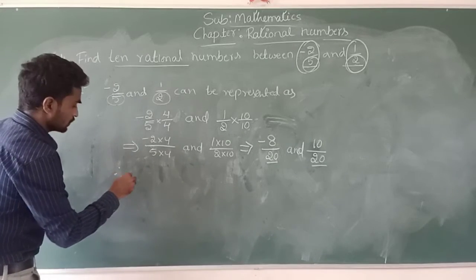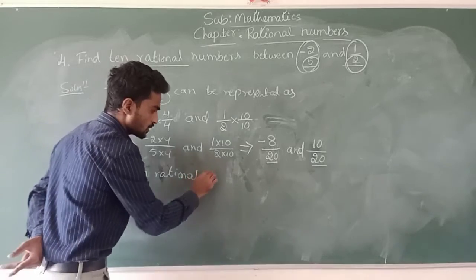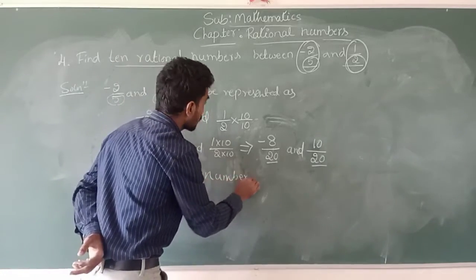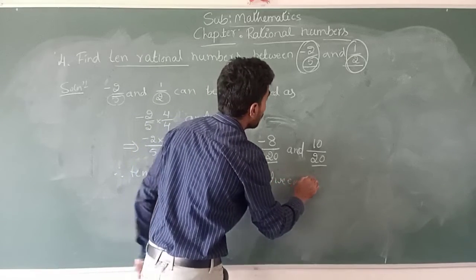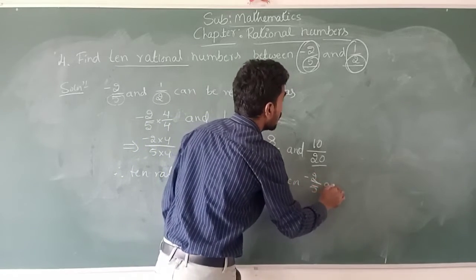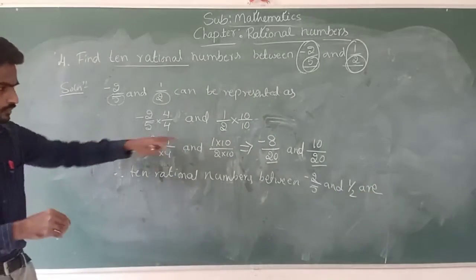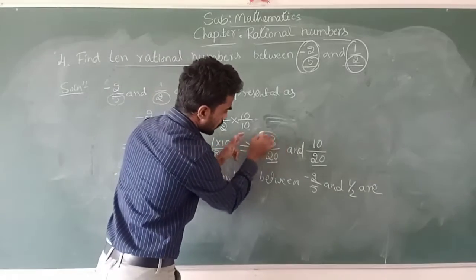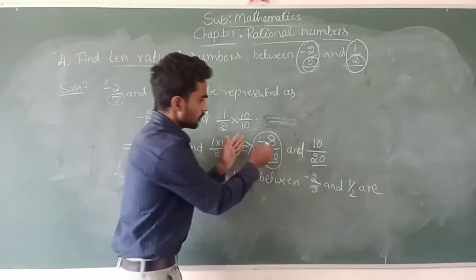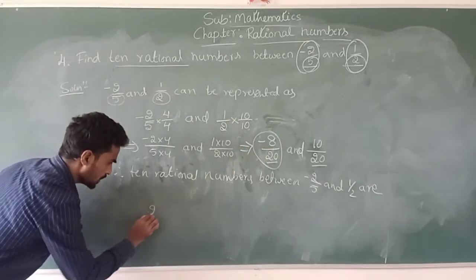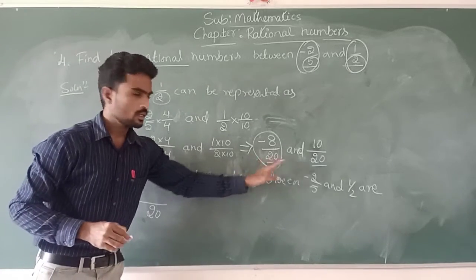Therefore, 10 rational numbers between minus 2 by 5 and 1 by 2 are, observe this number, this is minus 8 by 20. Then write the same denominator for the next rational numbers in between these two.